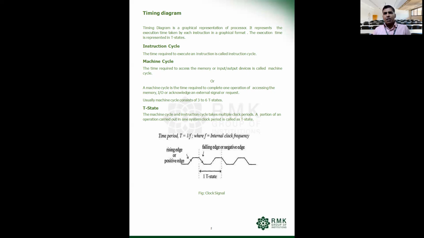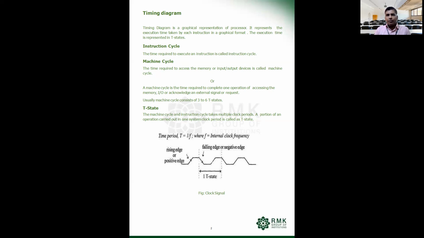There is something called the machine cycle. The machine cycle is the time required to access the memory or input-output device. Basically, all these commands or instructions are either stored in the memory or come from the input-output device.